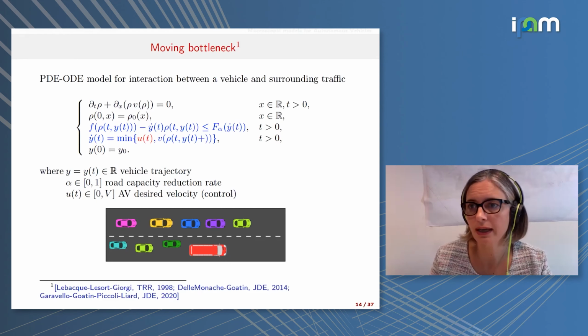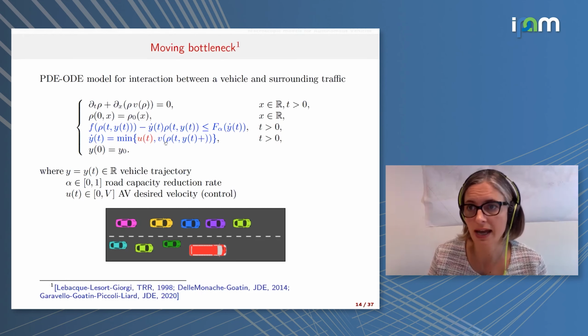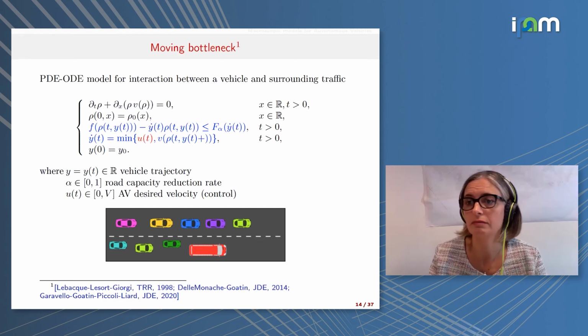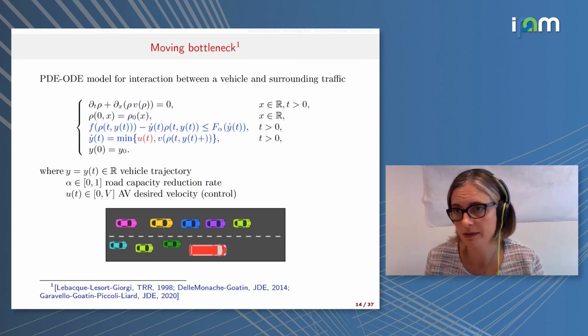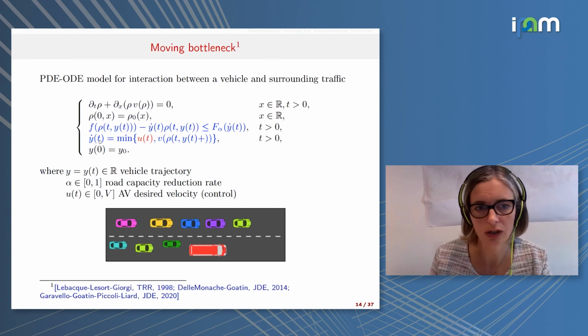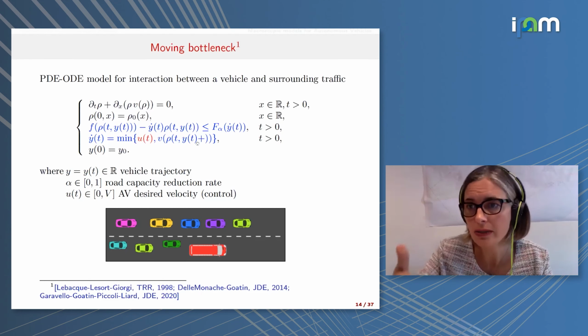Of course, it can move at this speed if the surrounding traffic is moving faster, but as soon as the cars in front of this autonomous vehicle are slower, it has to adapt for obvious reasons. So the speed of this autonomous vehicle is given by the minimum between the desired speed u of t and the mean speed of traffic just downstream of the vehicle.